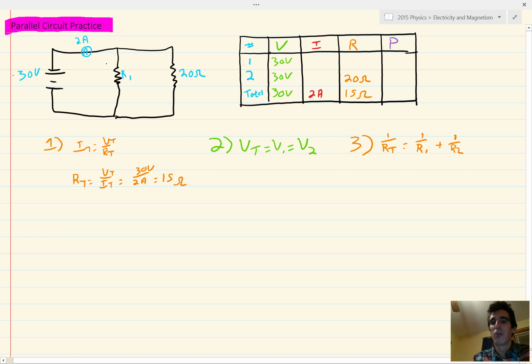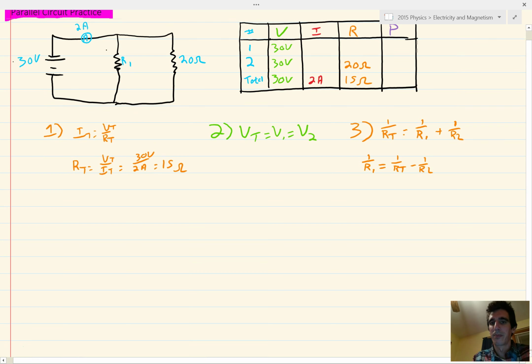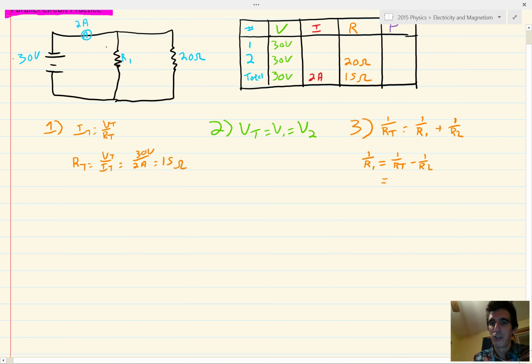We're solving for R1, so we'll subtract 1 over R2. 1 over R1 is equal to 1 over R total minus 1 over R2. Plug and chug. So 1 over 15 ohms, minus 1 over 20 ohms. That gives us 1 over 60 ohms. That's 1 over R1. We're trying to solve for R1.